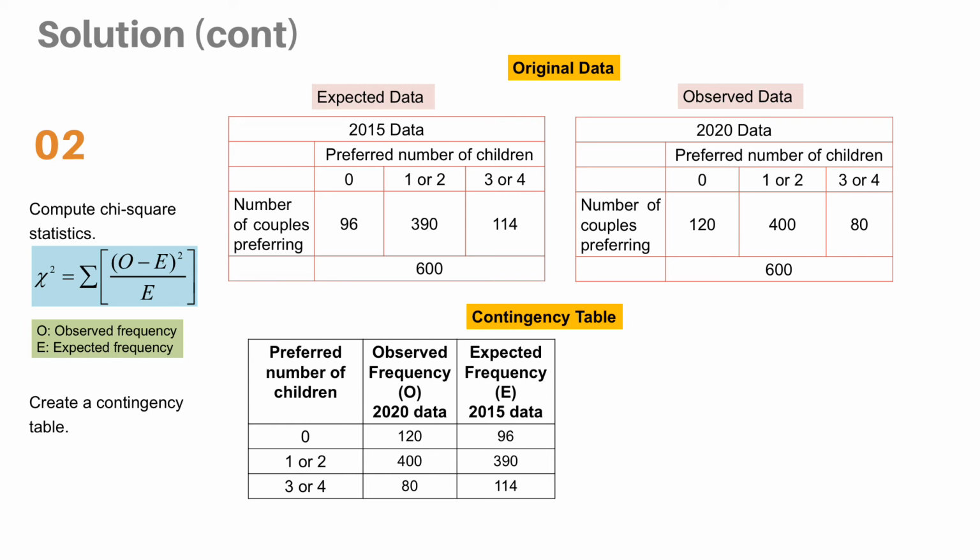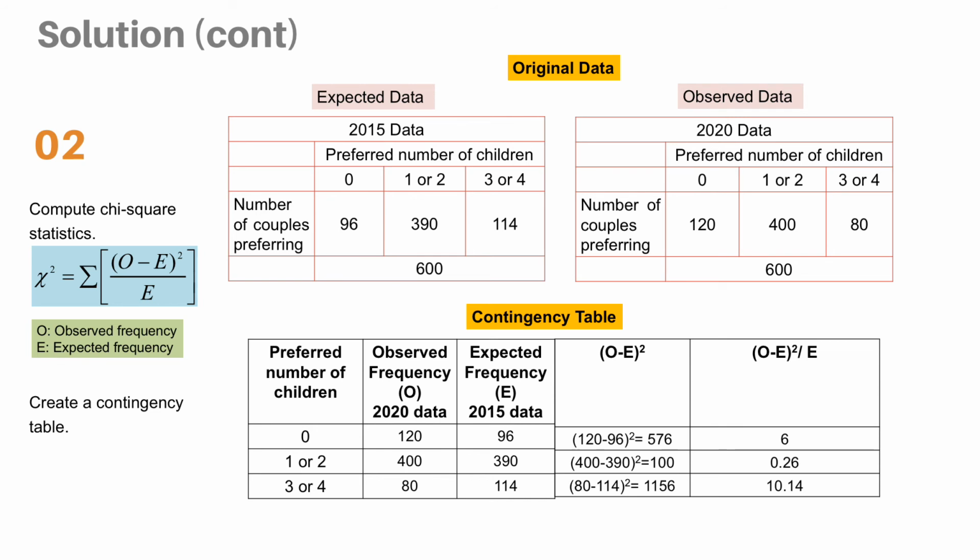What we have to find next is the value of (O minus E) squared and (O minus E) squared divided by E. Those are the values solved for every level of the categorical variable. And finally, we have to find the summation of (O minus E) squared divided by E, where the final value is given as 16.4. And that represents the calculated chi-square or chi-square statistics.